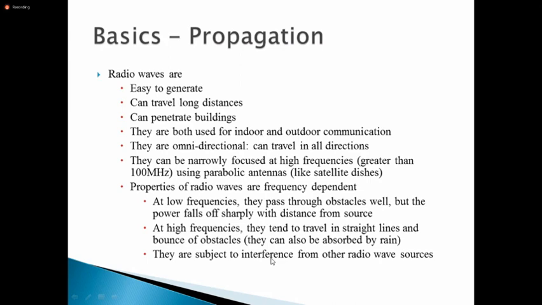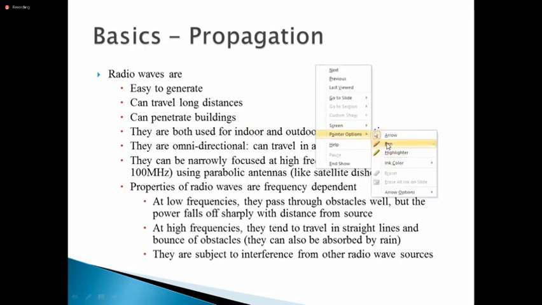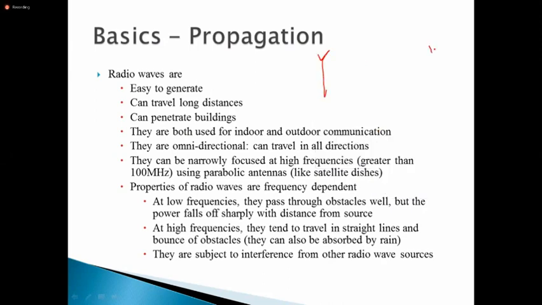Then at high frequencies, they tend to travel in straight lines. They can be propagated to much longer distances. But the downside is they bounce off from the obstacles. So that's not a good thing. If the radio waves propagate through free space like this, if there is a transmitter and a receiver, and let's say there is some tree over here, then a high frequency wave propagates, and it's intended to be received at the receiver, but it will get reflected back.